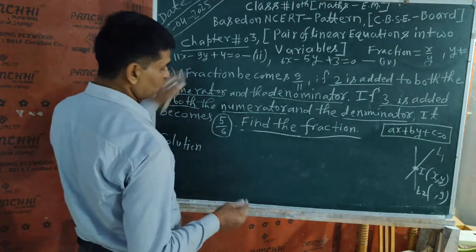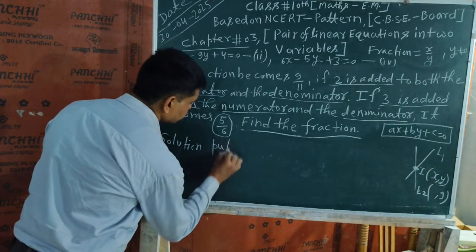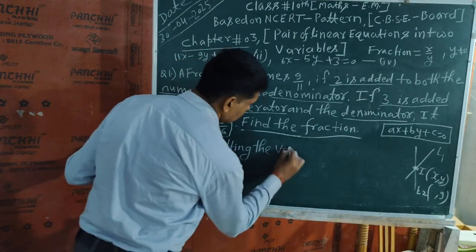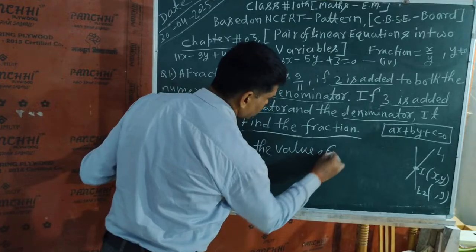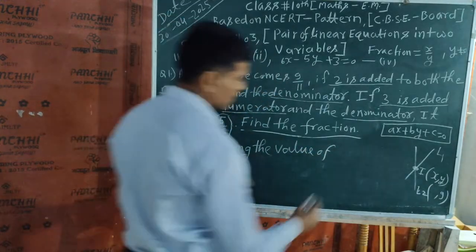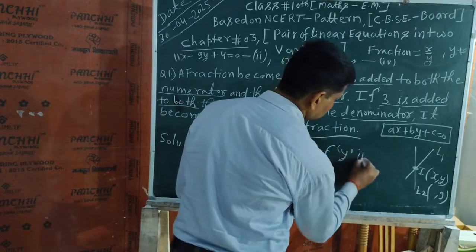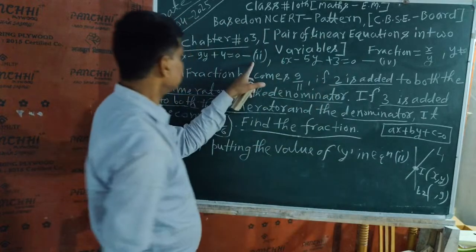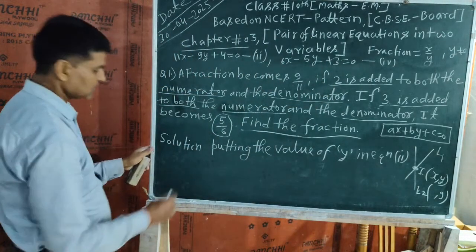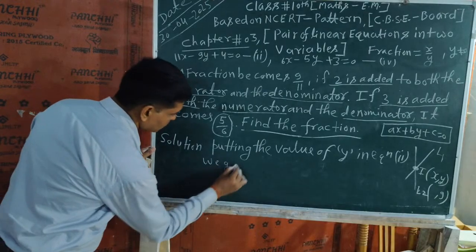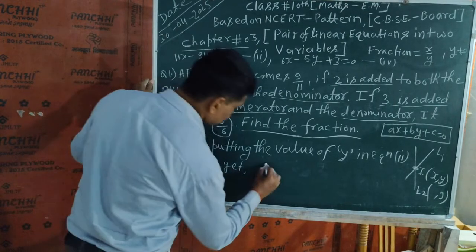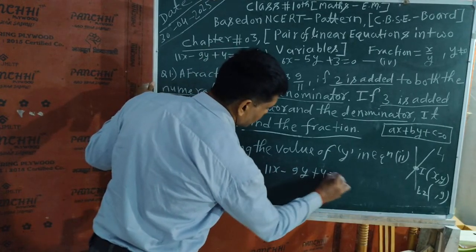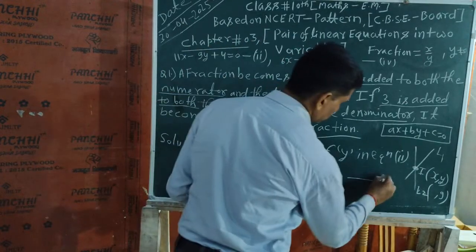Now further I am going to write one statement putting the value of y in equation second, we get. So here we will write that equation, that is 11x minus 9y plus 4, which is equal to 0. This is the equation number second.